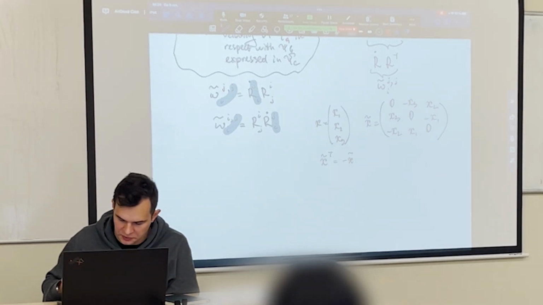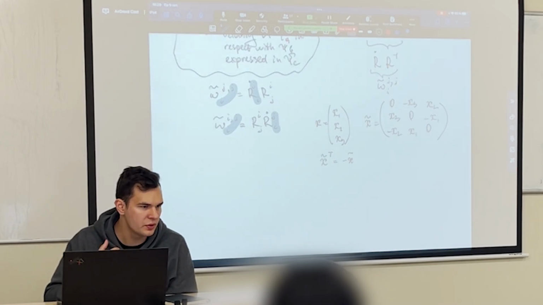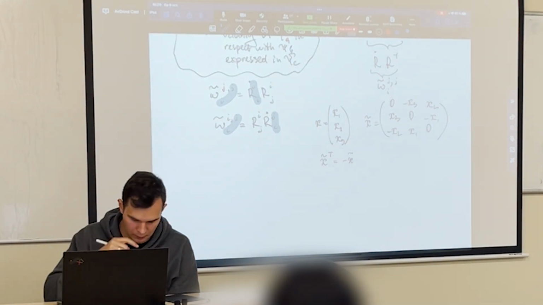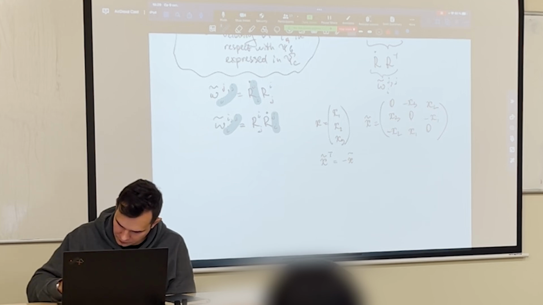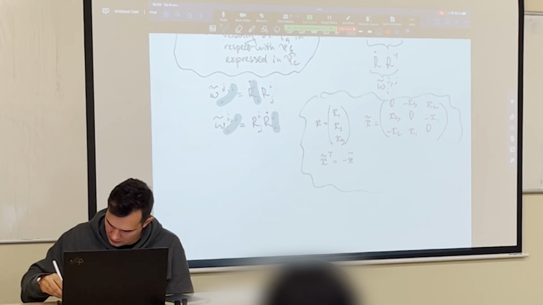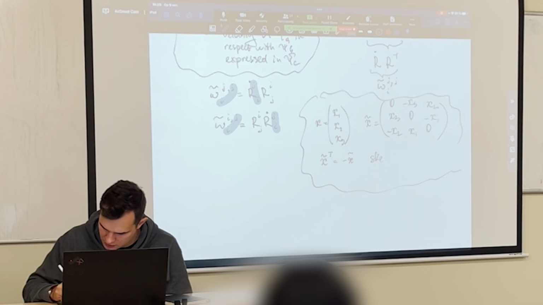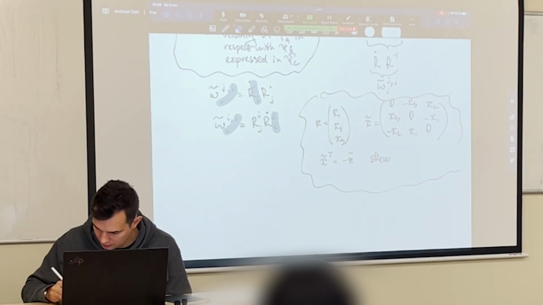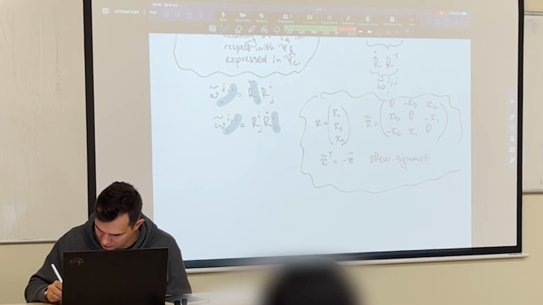And skew symmetric representation is also used for the vector product. It's something which is called a skew symmetric matrix.